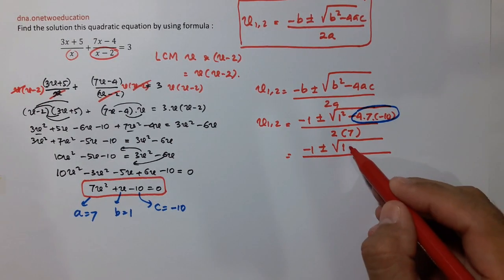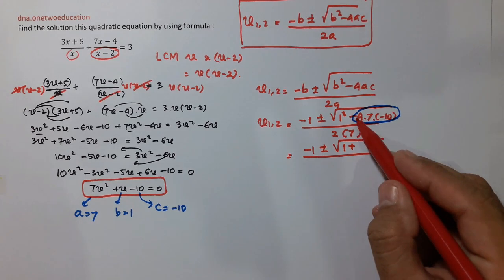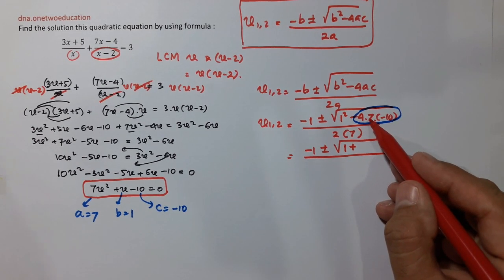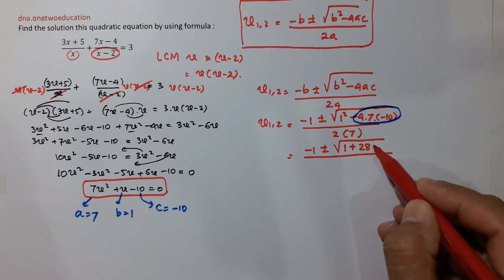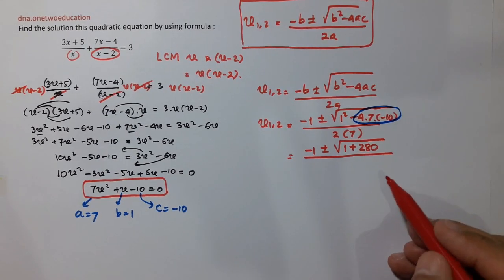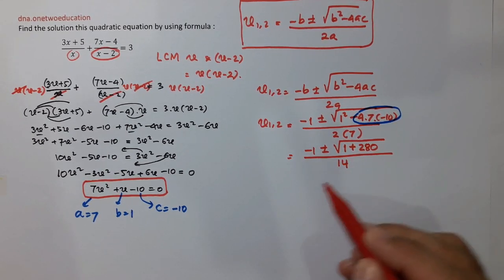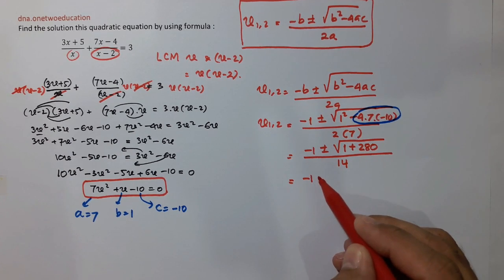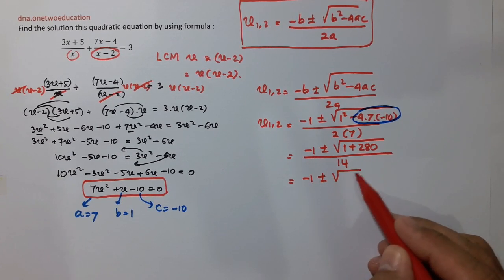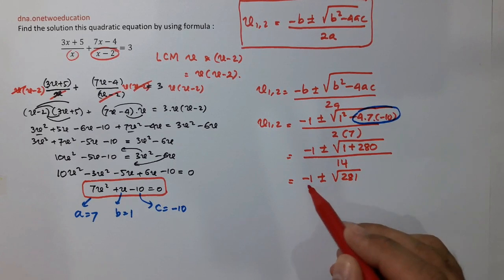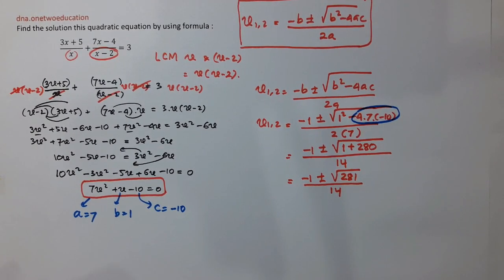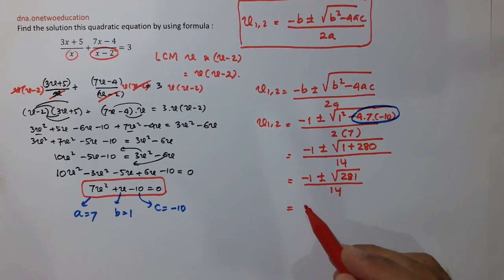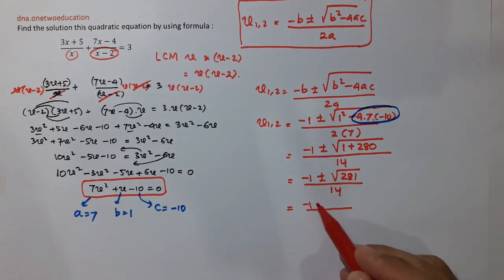So we got plus minus 4 times 7, 28 times minus 10, so 280, right? Over 14. Minus 1 plus minus root of 281 over 14. Okay, students, next again, equal minus 1 plus minus.